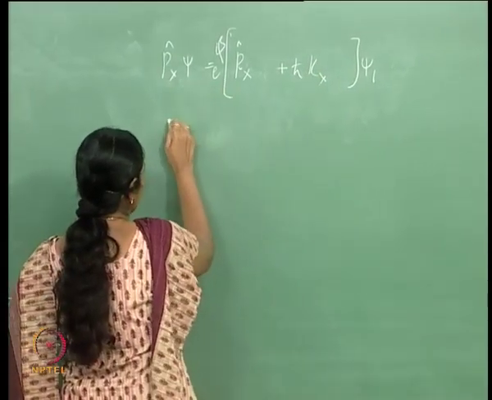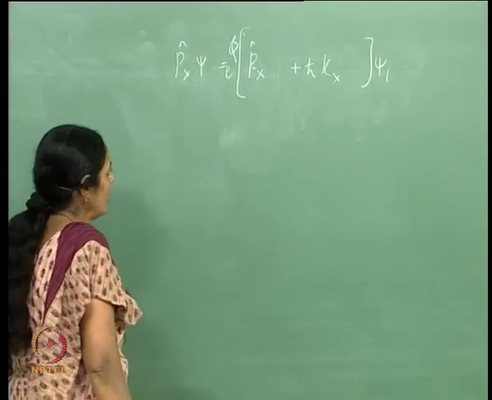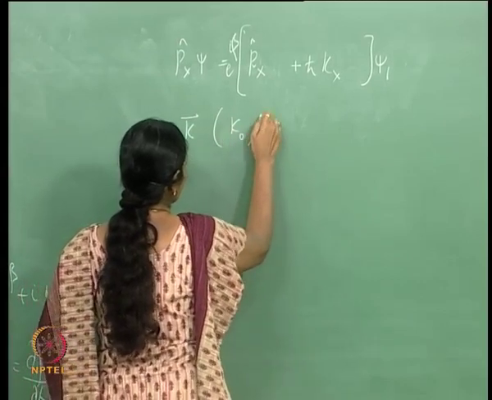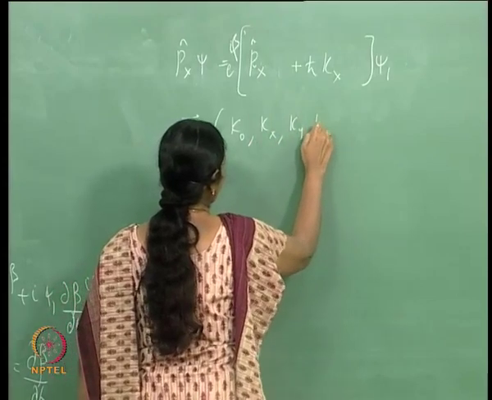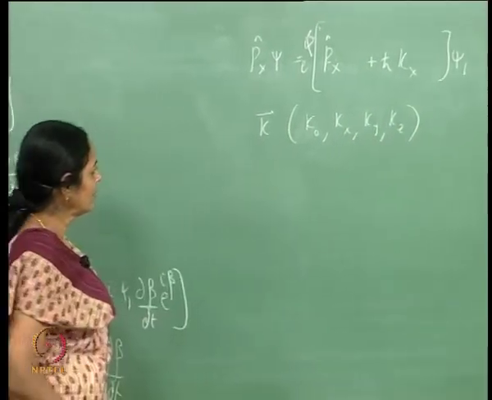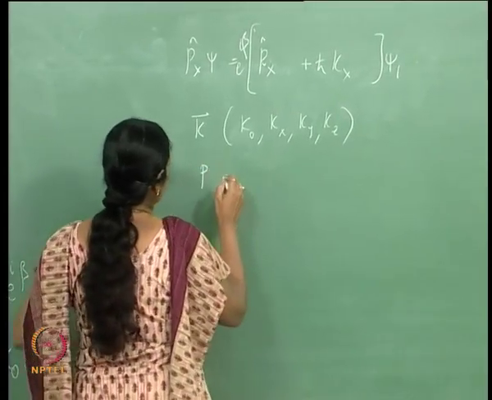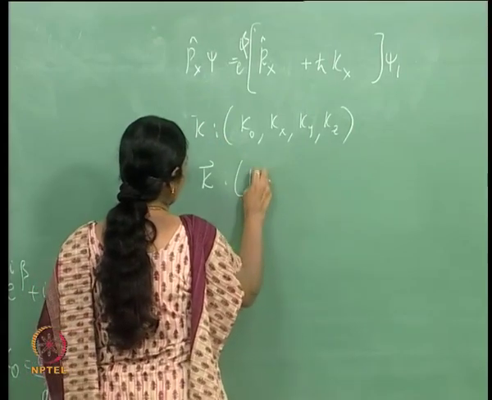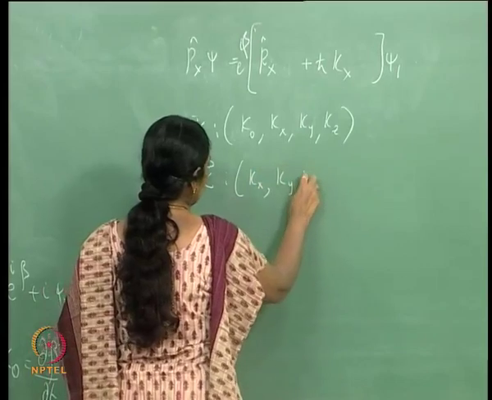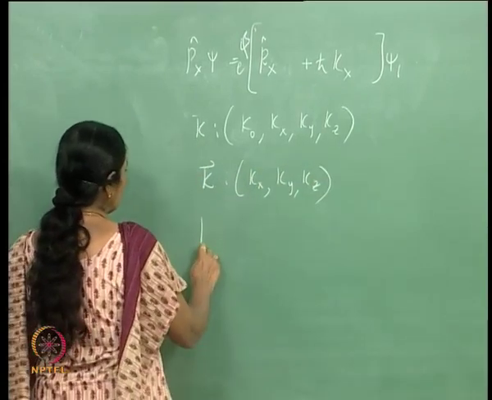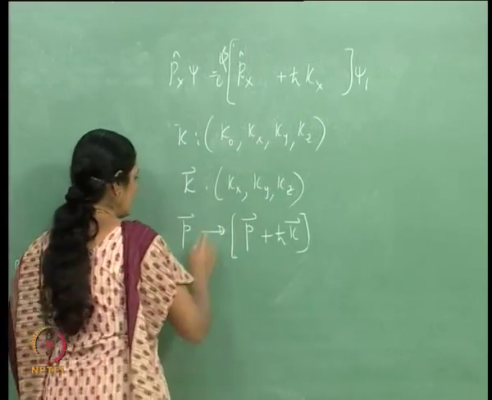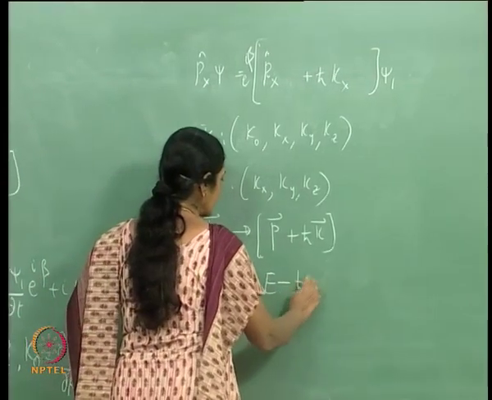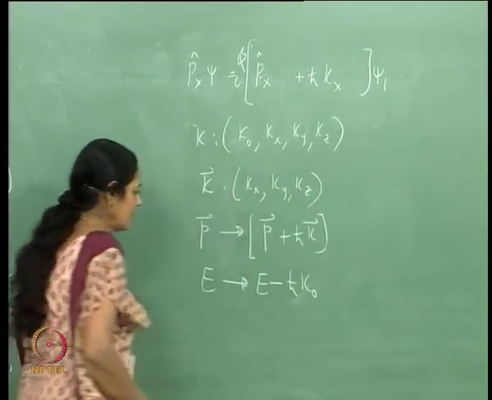Similarly, Py and Pz, which tells me that if I define an object k which has components k naught, kx, ky and kz, and a 3 vector k with components kx, ky and kz, then definitely this is true. P goes to P plus h cross k. Similarly, E goes to E minus h cross k naught.